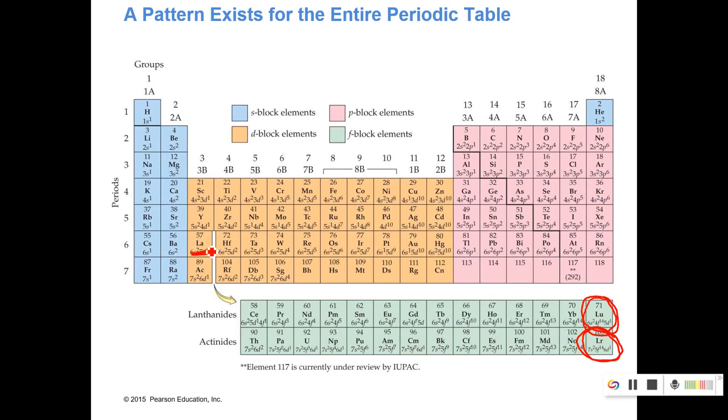So I would consider lanthanum 6s2, 4f, because it's really down below 1, and this one is 5f1. And then lutetium is 5d1 and 6d1. So this is 3d and 4d.